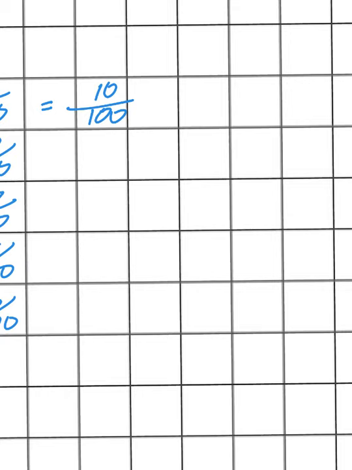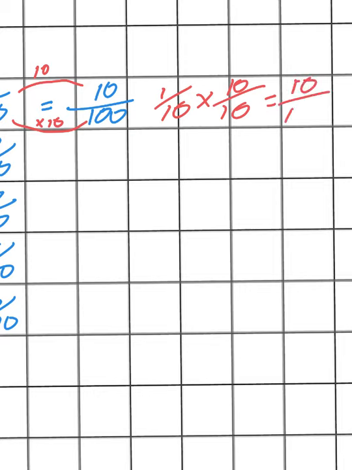So in order to turn 10 into 100, we multiply by 10. We also have to multiply the numerator by 10. So 1/10 multiplied by 10 over 10 is equal to 10 over 100. 10 hundredths is equal to 10%. So what we're doing is we're multiplying by 10 on the bottom and 10 on the top. 10 over 10 is equal to 1.